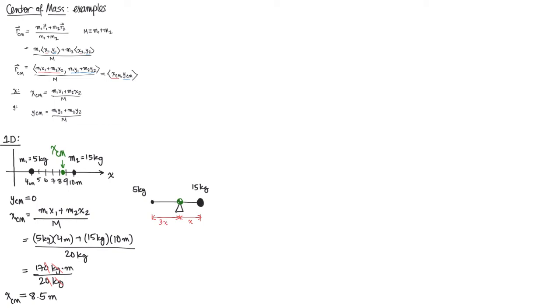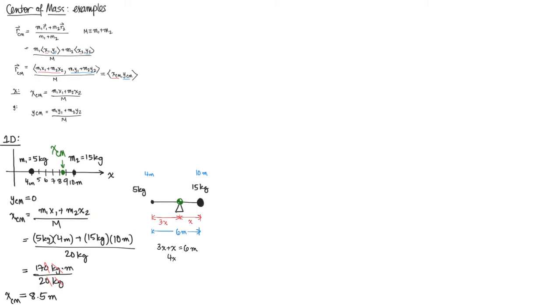We also know that the first mass is located at x equals 4 meters and the second at x equals 10 meters. So that's a total separation of 6 meters. So that tells me that 3x plus x is equal to 6 meters.